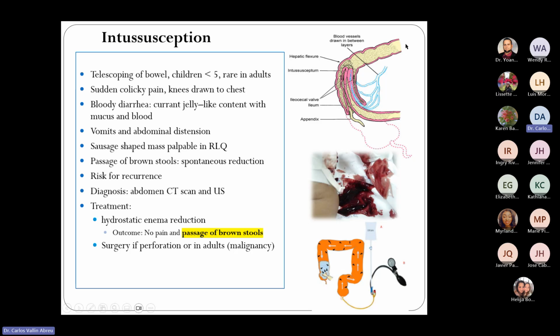Nevertheless, doctors can correct this displacement of the ileum inside the colon with an enema. It's called hydrostatic enema reduction. Under fluoroscopic control, they introduce an enema that pushes the intestine back into position.